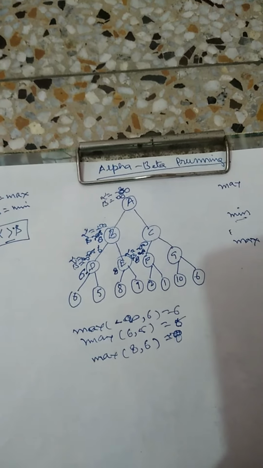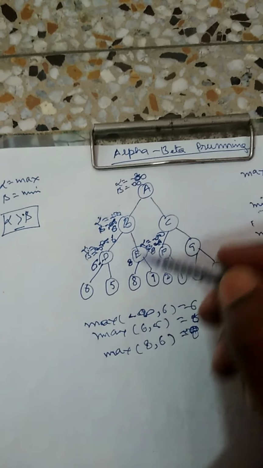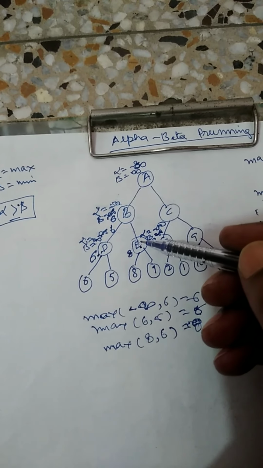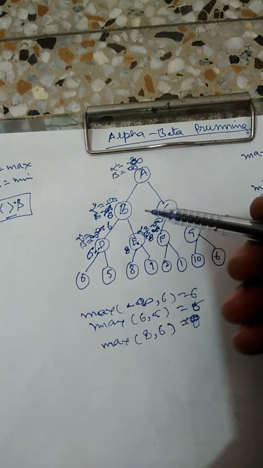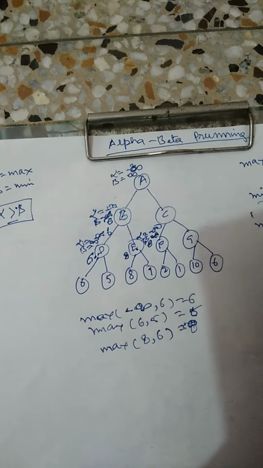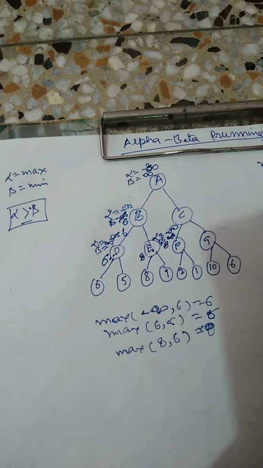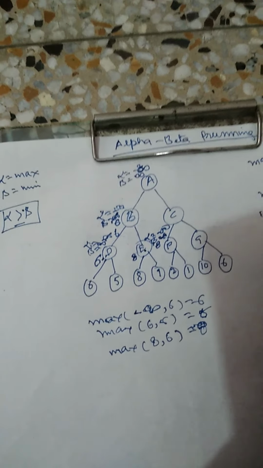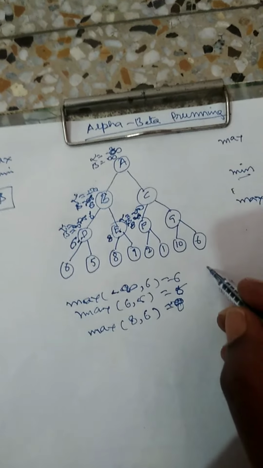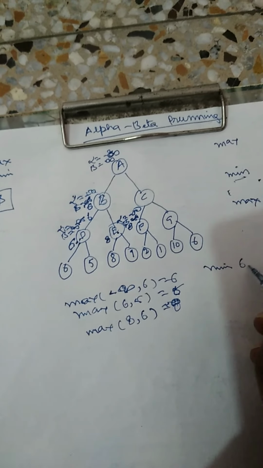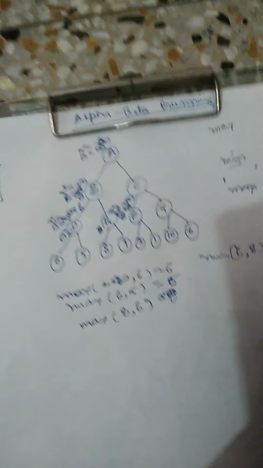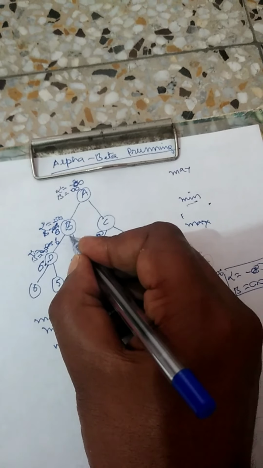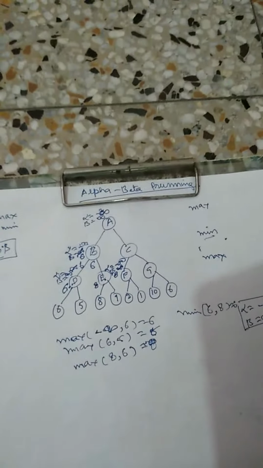Now we move upward. This node has value 8. Now we move upward to node B. This is min, meaning beta, which takes the minimum value. Minimum of 6 and 8 comes to be 6. So B has node value 6.